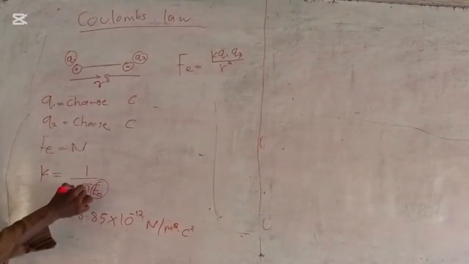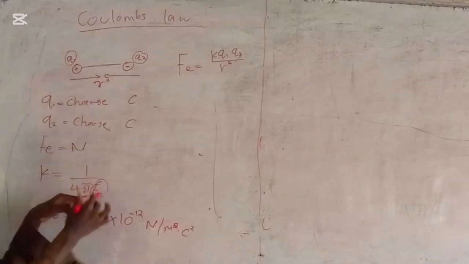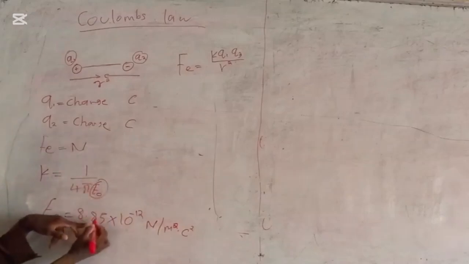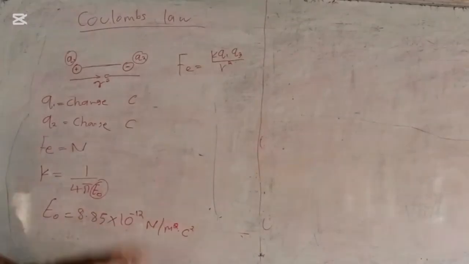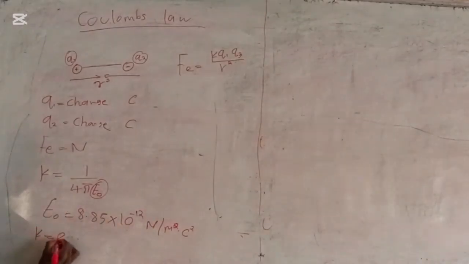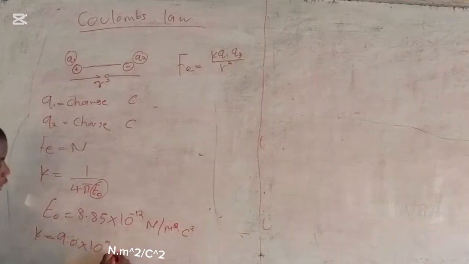When you divide 1 by 4 times pi, which is 22/7 or 3.14, times the permittivity, the value of epsilon naught, 8.85 times 10 to the exponential of negative 12, our constant K is equal to 9.0 times 10 exponential of 9 Newton meter square per Coulomb square.